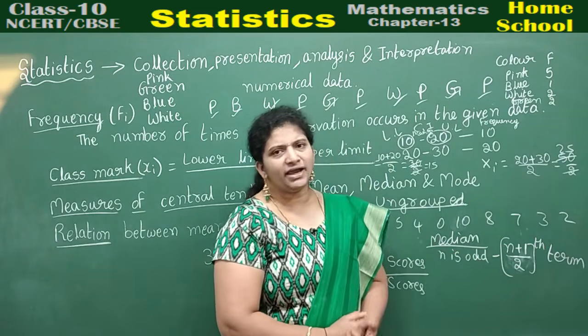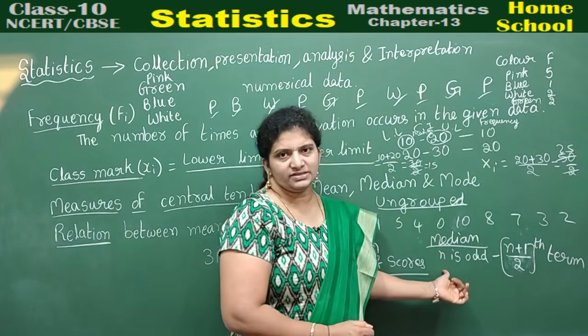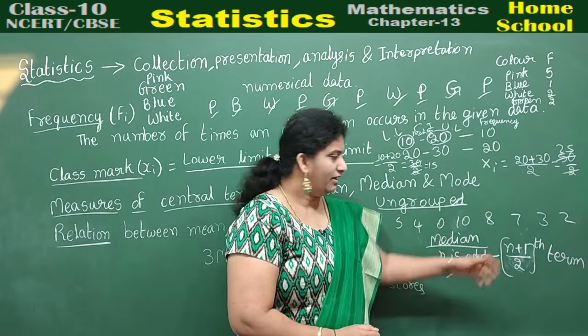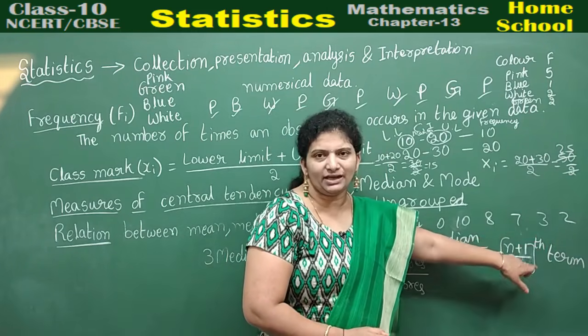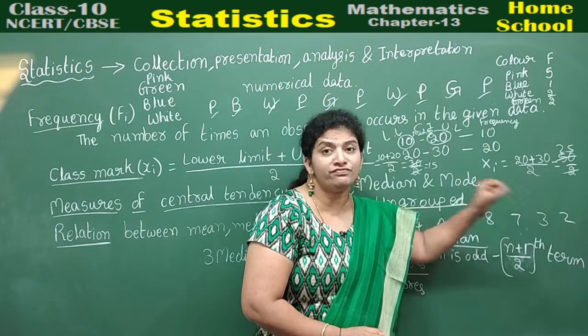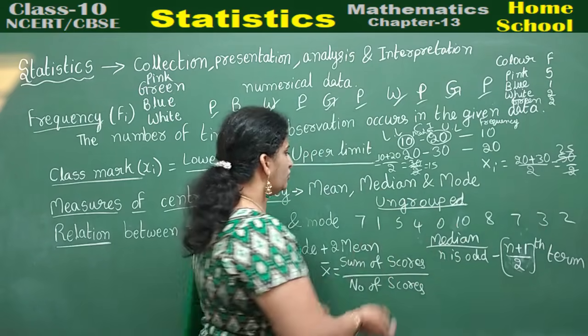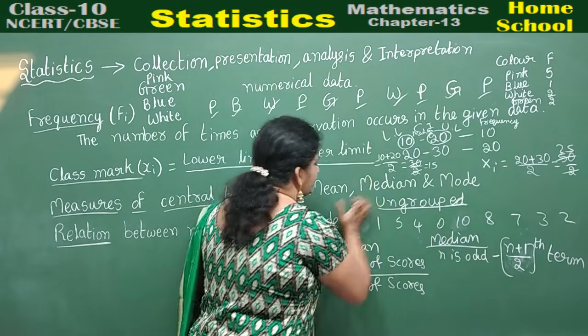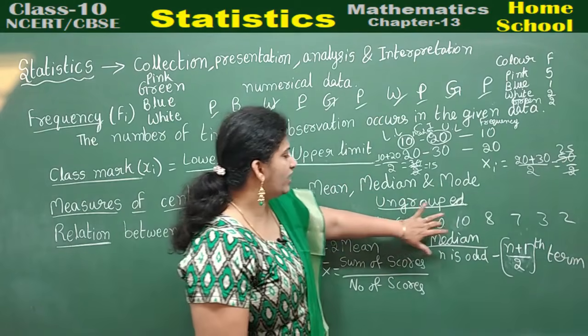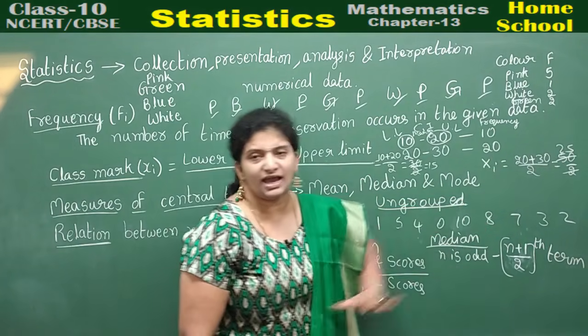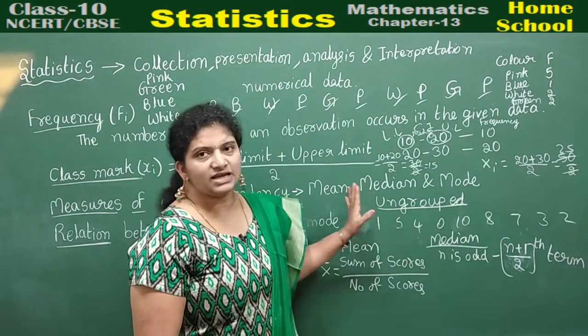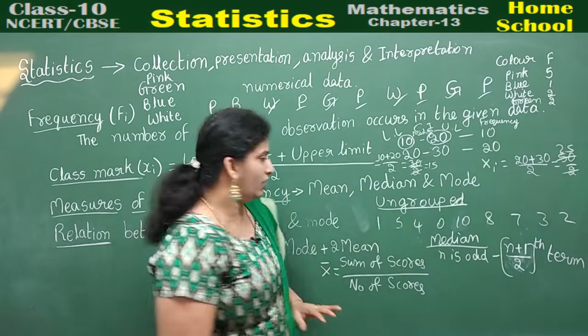N plus 1 by 2 means what? Suppose I take n is 9. 9 plus 1, 10. 10 by 2, 5. 5th term. Suppose you take here 1, 2, 3, 4, 5, 6, 7, 8, 9 scores you have. First, arrange the numbers in ascending order.